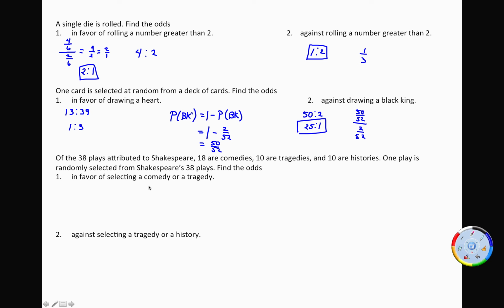So I would just count up, well, how many are comedies or tragedies? 18 comedies, 10 tragedies. So 28. And then how many are not? Right? And 10 are histories. 28 to 10, and don't forget to simplify that to 14 to 5.